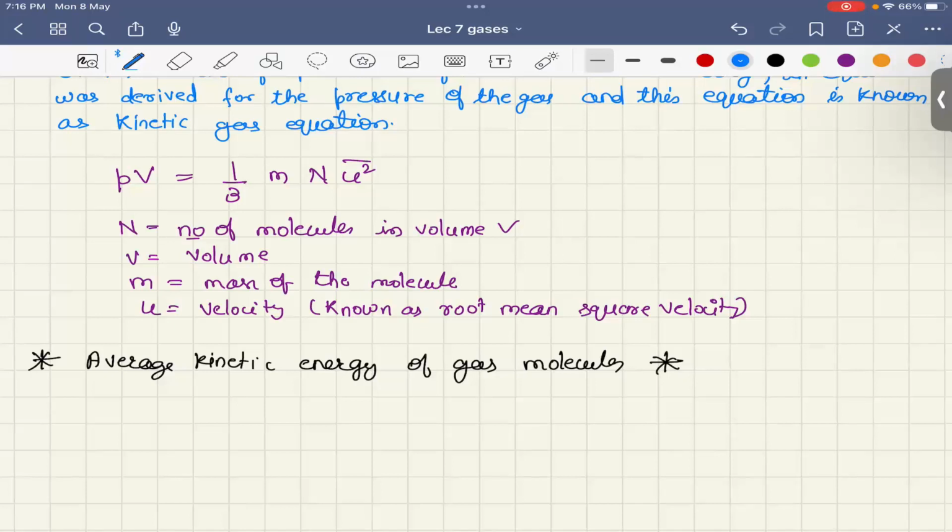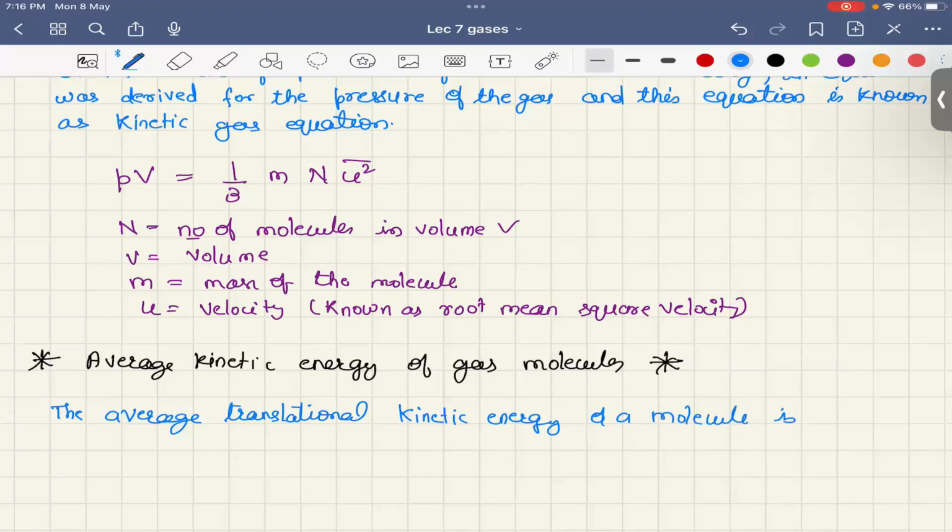The average translational kinetic energy of a molecule is half m u square at a temperature T, where u is the root mean square velocity.